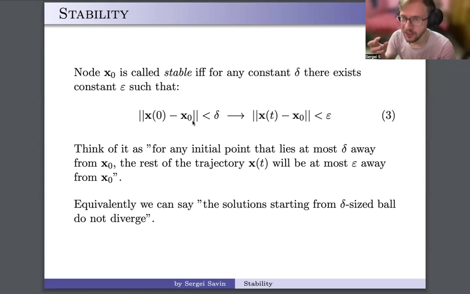It is a property of x0 and the neighboring solutions. All right. So there is a solution starting from x0, and then there are solutions that start from points close by. Stability is a property of all of them together, right? Not only x0, but the solutions that are close by. That is the whole point. Because the solution that starts from x0, in our case, we're considering a node, so it is trivial, right? It's just nothing happens. So, the system sits there.